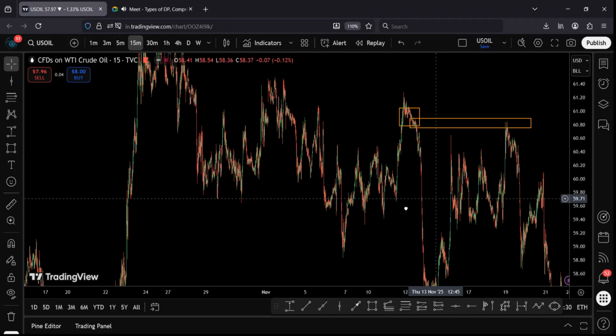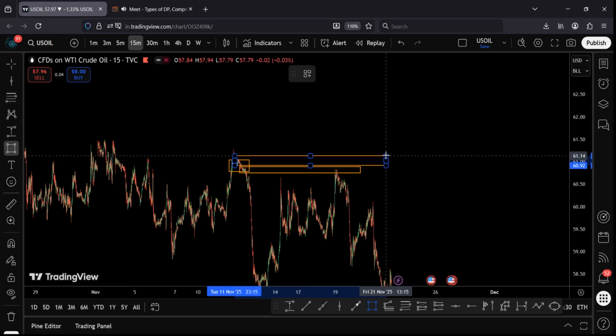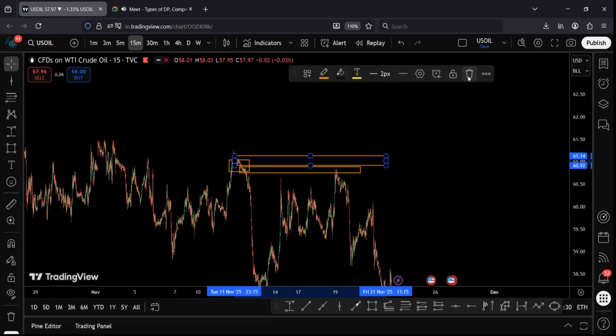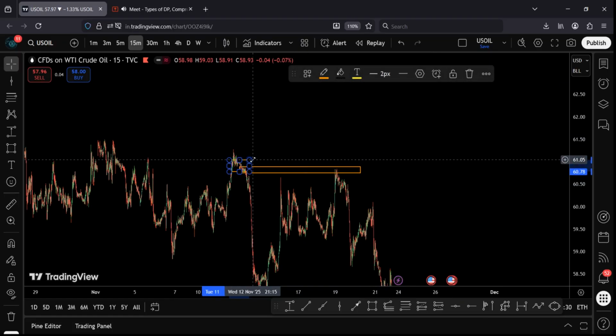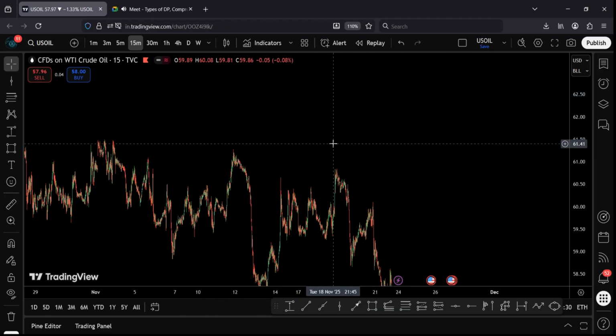Or we need to ignore this and wait for the price to reach this MPL or DP area and then look for the PA there. Okay, right? So let's stop for today.